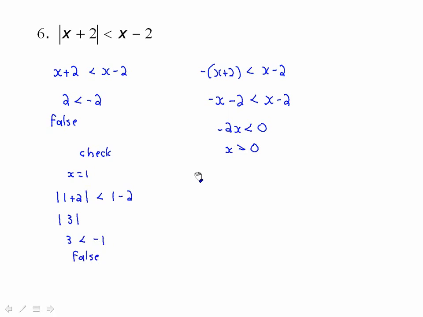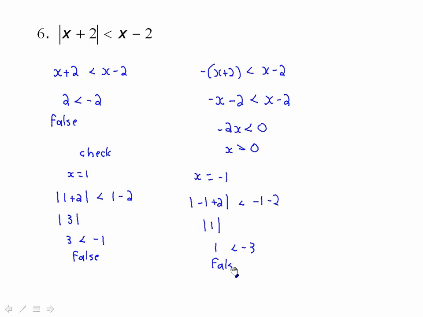And to confuse things even more, if you plugged in x was equal to, say, negative 1. Now this should not work. And when we get the absolute value of negative 1 plus 2, supposed to be less than negative 1 minus 2, we get absolute value of 1, which is 1. Supposed to be less than negative 3, also false.